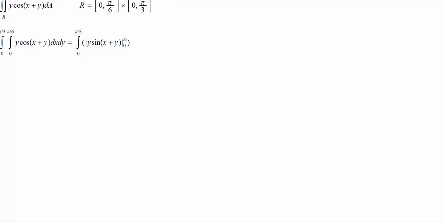Okay, so let's write that down, and then I have dy. So notice that when we substitute y equals 0 for the lower limit, the whole product is going to be 0. So the only portion that we are dealing with is the portion for pi over 6.